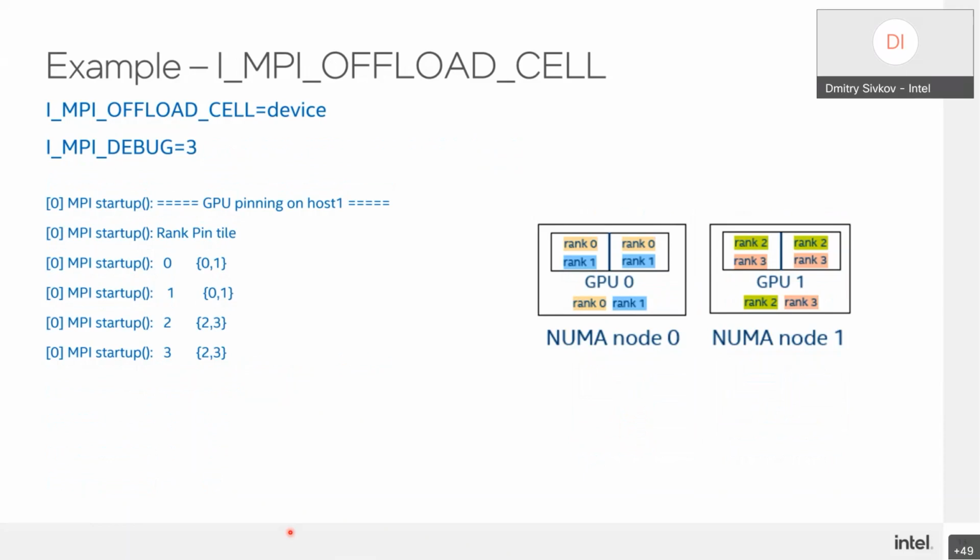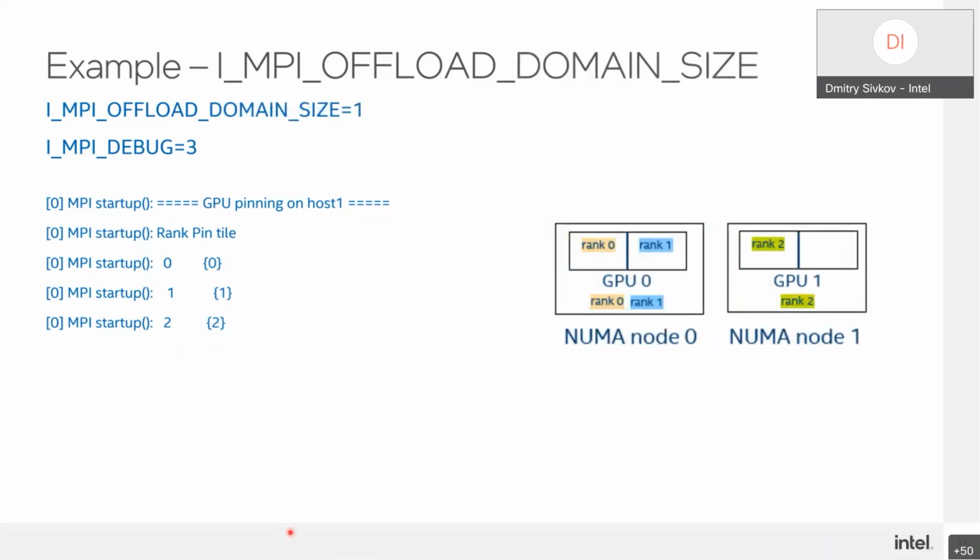In this case, as you have different tiles on the GPU, you can assign each tile, two parts for each rank on the NUMA node. So it is the granularity of assignment.